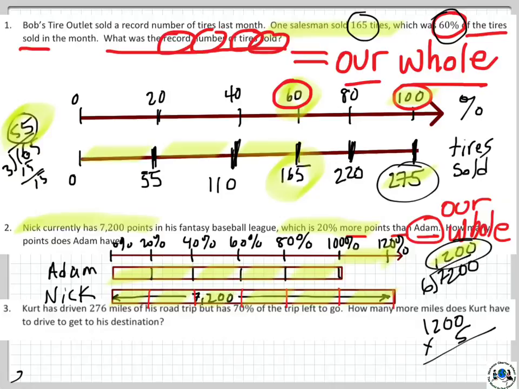Therefore we have 1,200 points per segment, and we can see there are 1, 2, 3, 4, 5 equal segments. Therefore, 1,200 times 5 is 6,000. So Adam has 6,000 points.